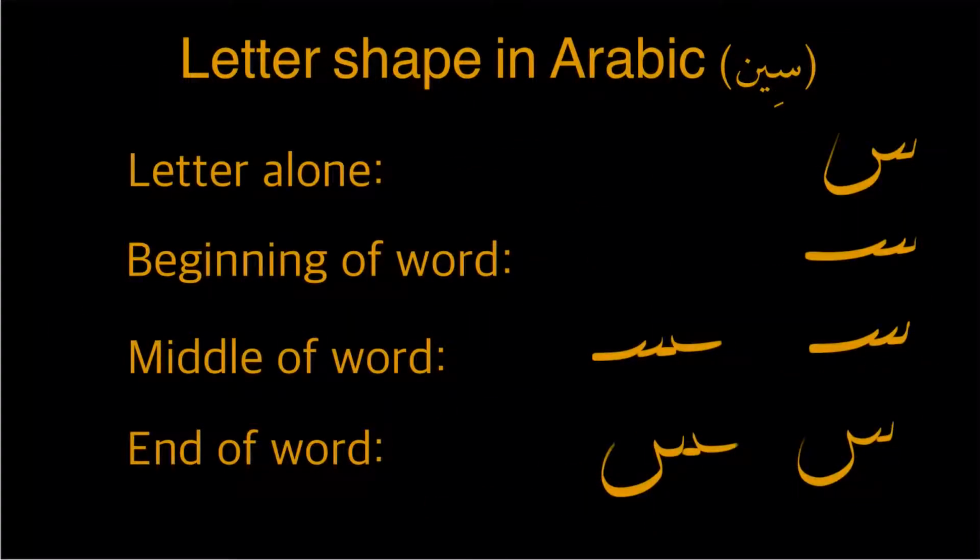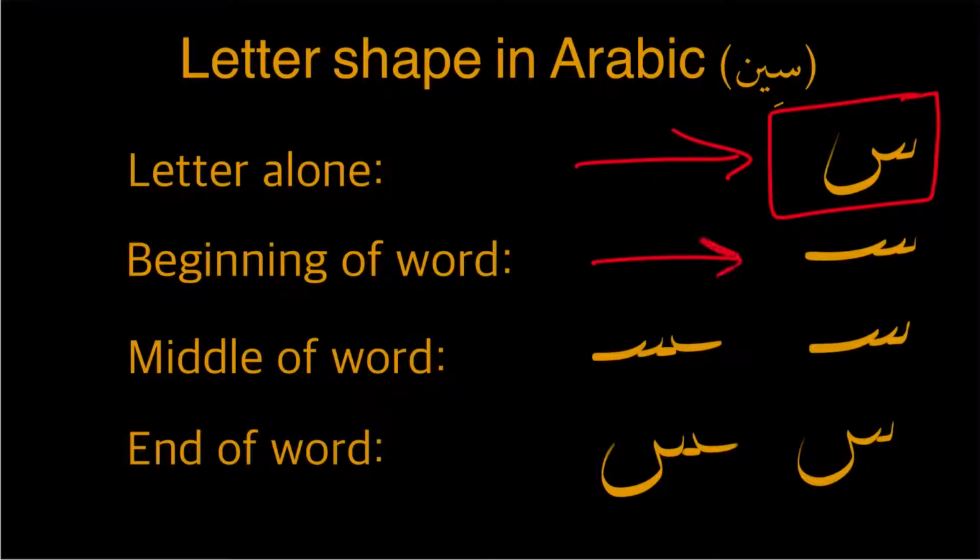Here we see how the Sīn or Sa letter looks like when it is alone, and for it to be alone, this can only take place at the end of a word. This is how it looks like when it is at the beginning of a word.